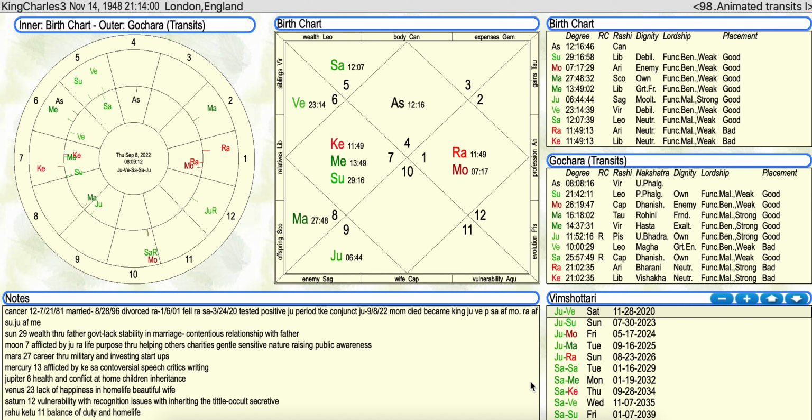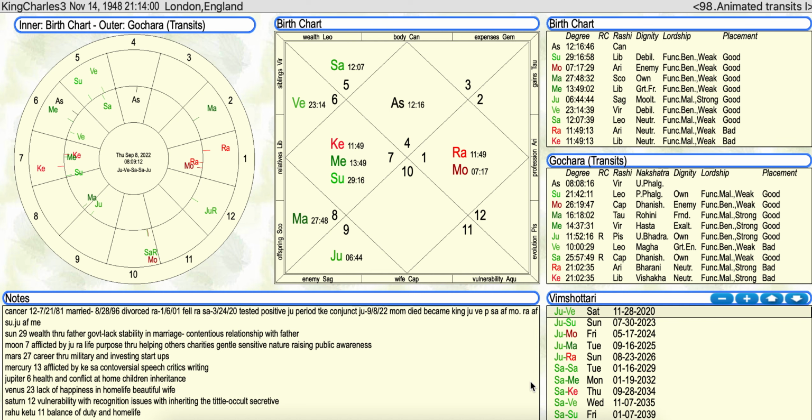And then we have the 11th sign of Aquarius in the 8th house of transformation, death-like experiences. This is also the house of inheritance, inheriting the throne and titles.